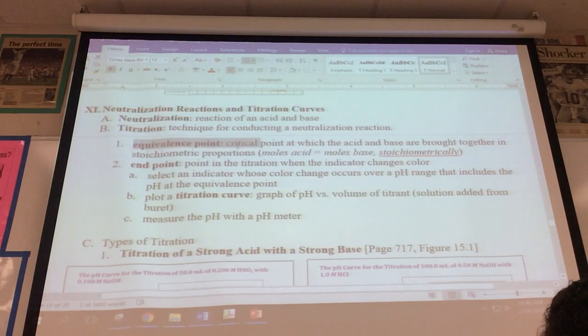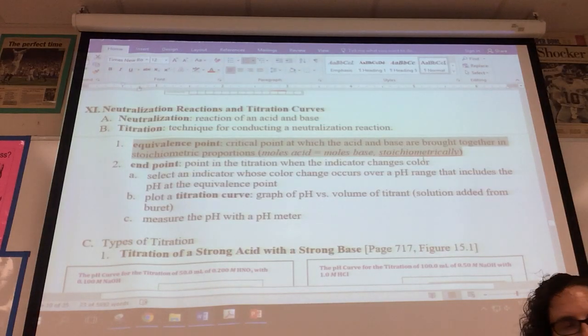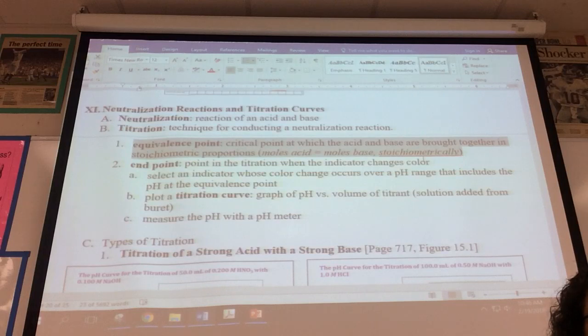The equivalence point is the point at which you mix acid and base together in stoichiometric proportions. It is where millimoles of acid and millimoles of base are stoichiometrically equivalent. In these particular problems, you typically have a 1-to-1 mole ratio, making it very easy.